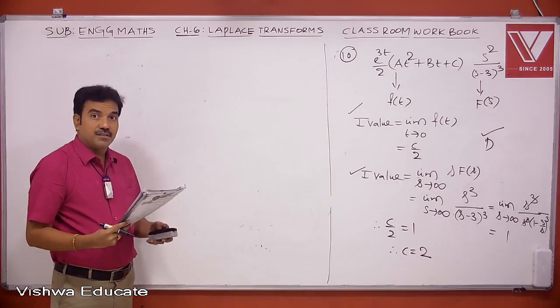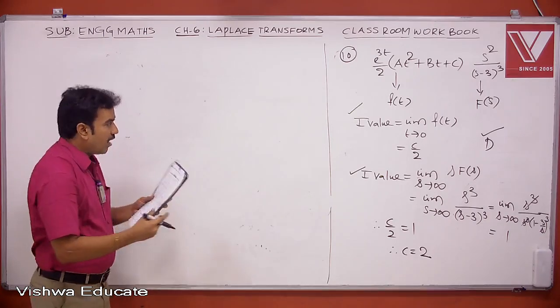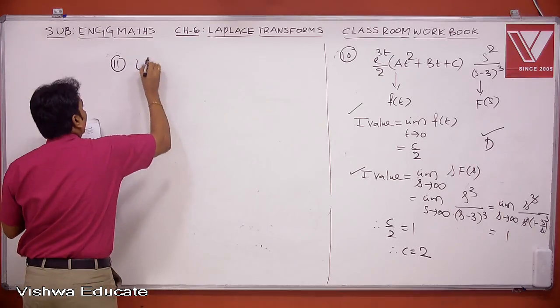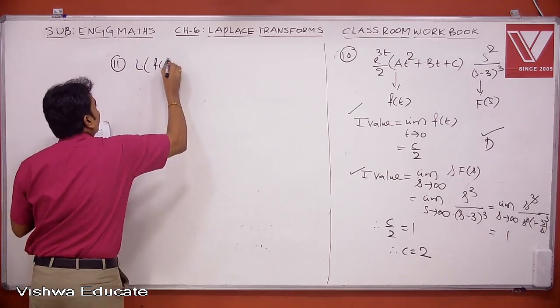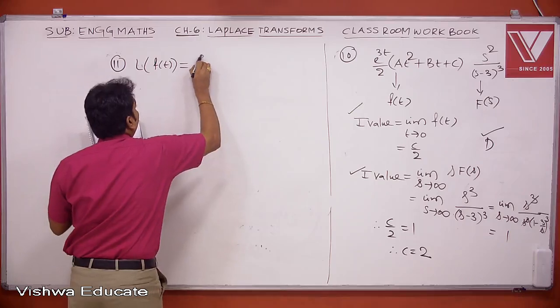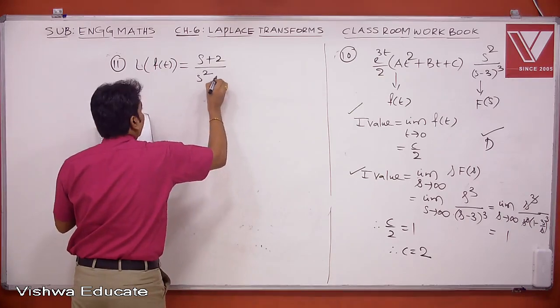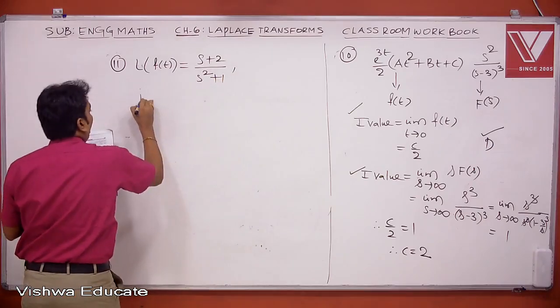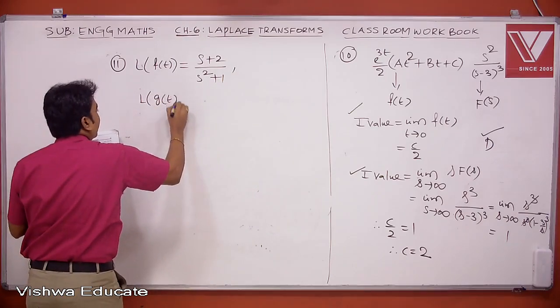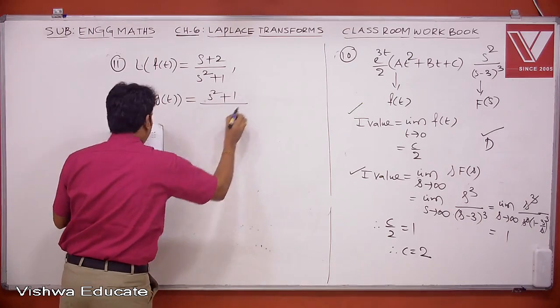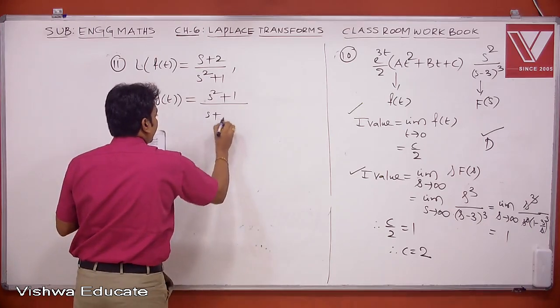Now let us discuss question number 11. If the Laplace transform of f(t) is (s + 2)/(s² + 1), and the Laplace transform of g(t) is (s² + 1)/((s + 3)(s + 2)).